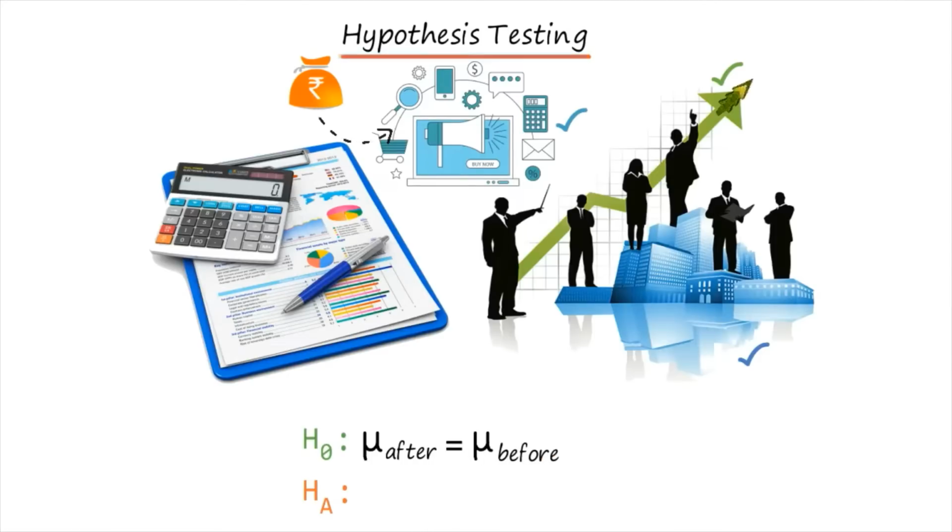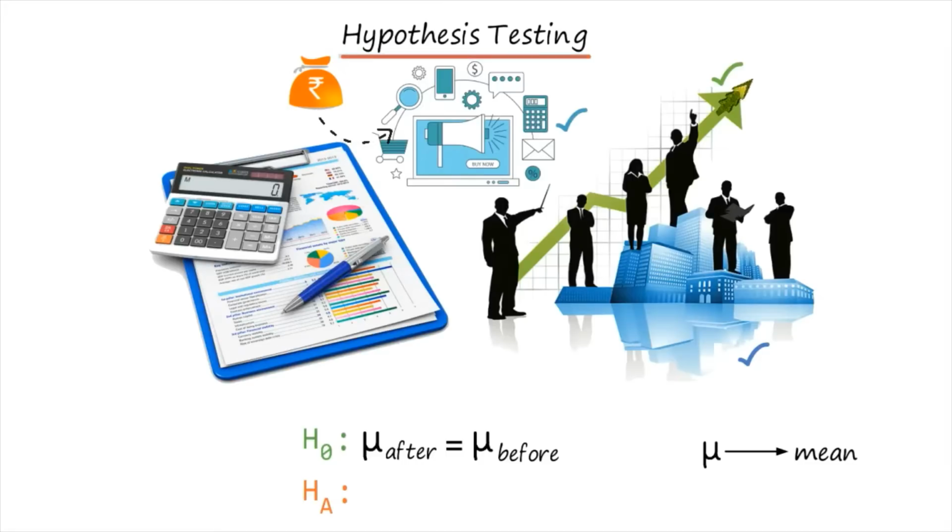Now first try to decode the meaning of this line. Whenever I write mu, you have to understand that I am talking about the mean of the population. Whenever we have many data sets or many data points, mu means the mean of the data points.